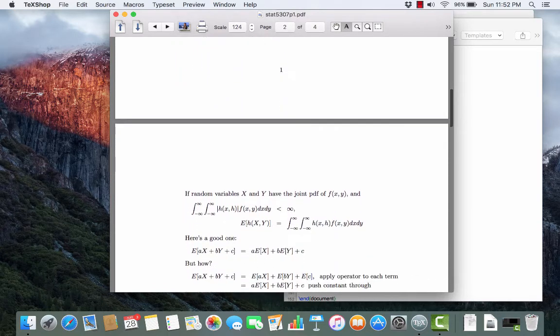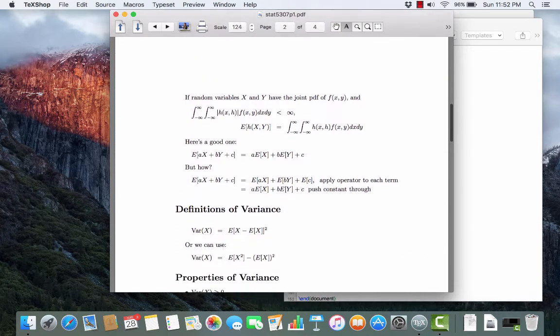So what you do next is, if you have multiple variables, x and y, and a joint probability density function f of x y, and you've got that absolute value condition, with my dx dy, and it's finite, then the expected value of h of x y takes on this definition.